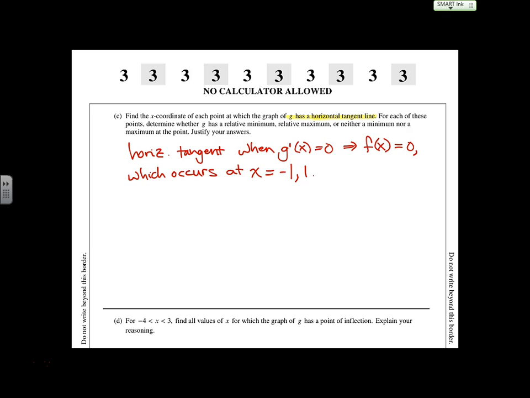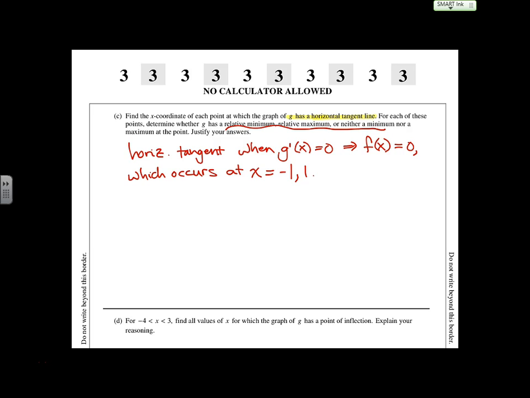However, the question goes on. It says for each of these points, determine whether G is a relative min, relative max, or neither. Why are they asking that? Because we just identified our critical numbers, where the derivative is 0.